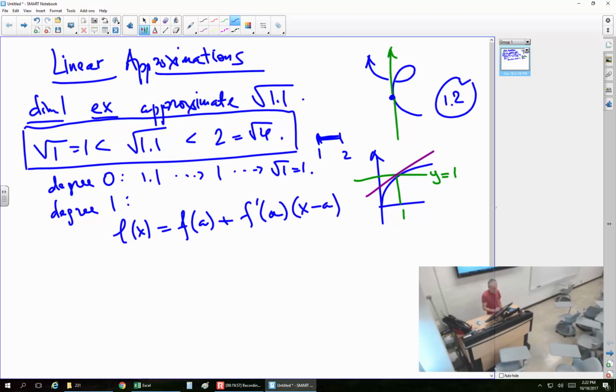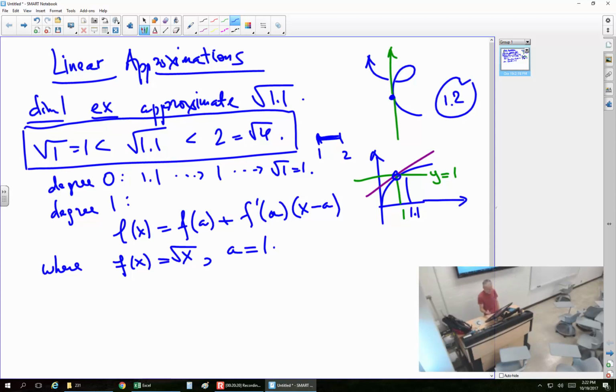L is to be found. Naturally, f of x is our function, square root of x, which we're trying to approximate around the point 1. It is okay to choose 1 as the nearest point, because we're not too far off x equal 1.